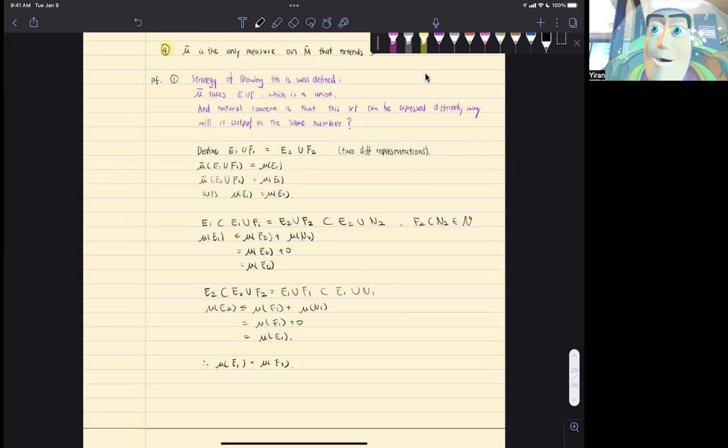So all we care about is to show they are equal on M bar minus M. Okay.